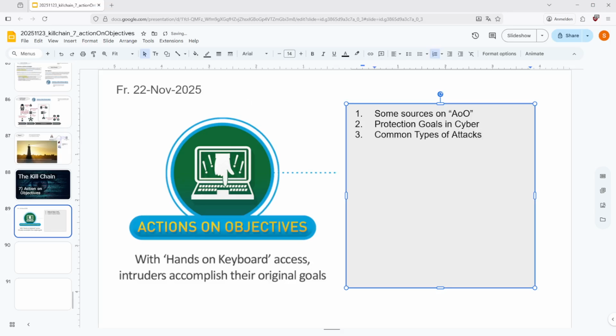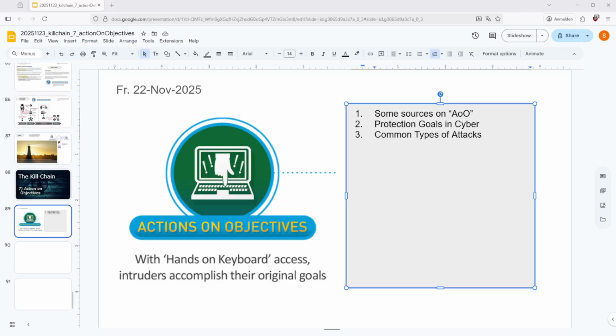We have that here. Then I found something like the 7 steps of a cyber attack. That's also interesting. It's something else. We have principles from the government, and then we have protection goals. Let's see. Yeah, but one after the other.